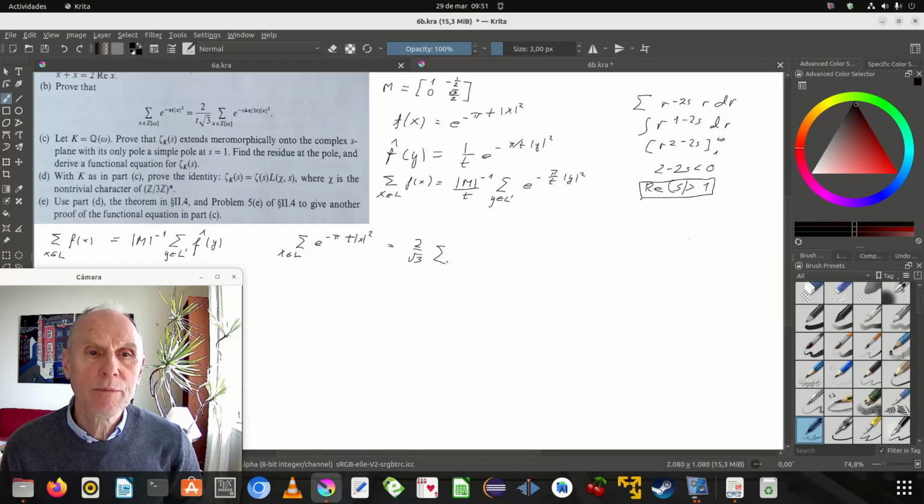And then we sum, and then the Fourier transform of this is 1 divided by t, which we can put out here. And then we sum over the dual lattice.